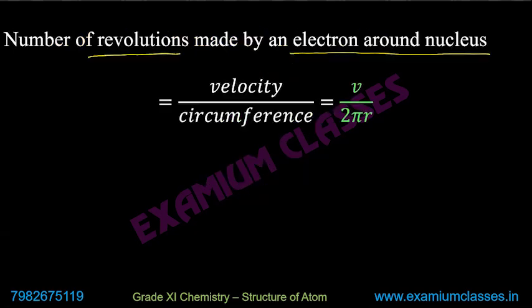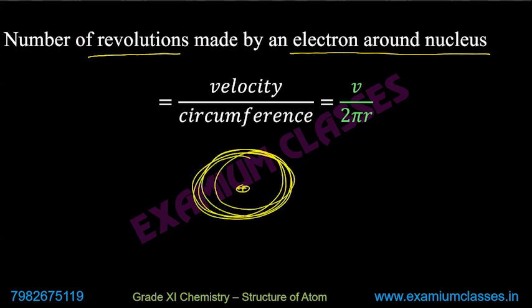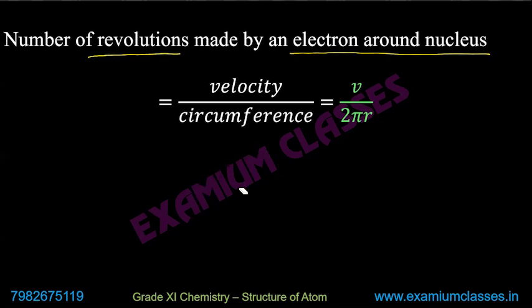If you have to calculate how many revolutions in an orbit the electron will make, then it can be calculated by velocity divided by the circumference.